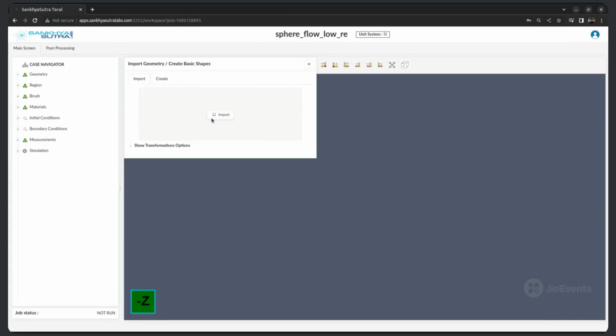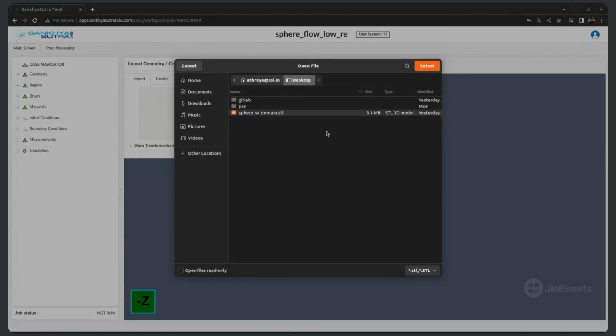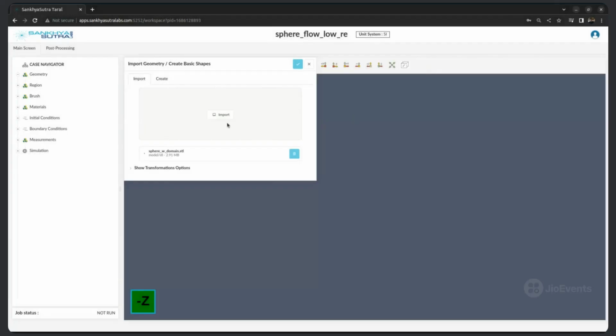Now I already have the geometry, so I'll say import. And the geometry that you import is going to be of the STL format, ASCII STL. So this basically means that you have a surface mesh that is made up of triangles. So once you click select, you see the details of the file that you've chosen to import, file size and all that. And to import it successfully, you have to click on this tick button which says import file.